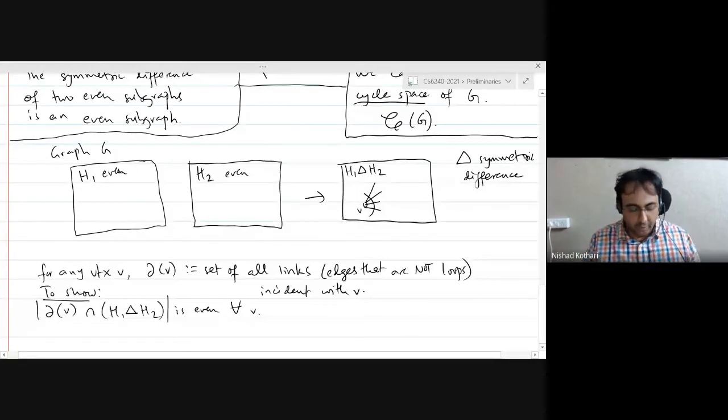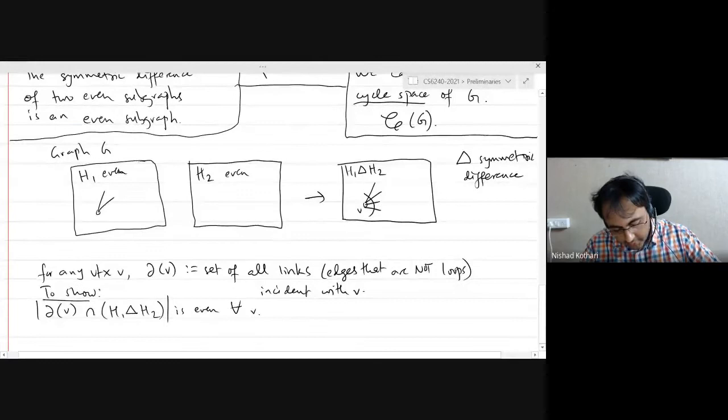We already know that in the two subgraphs H1 and H2, there is an even number of edges at any vertex.